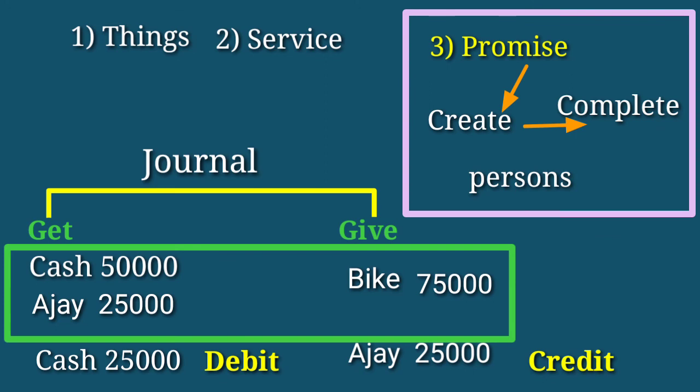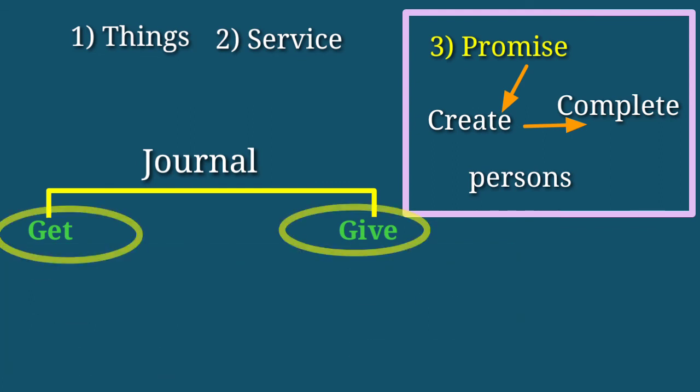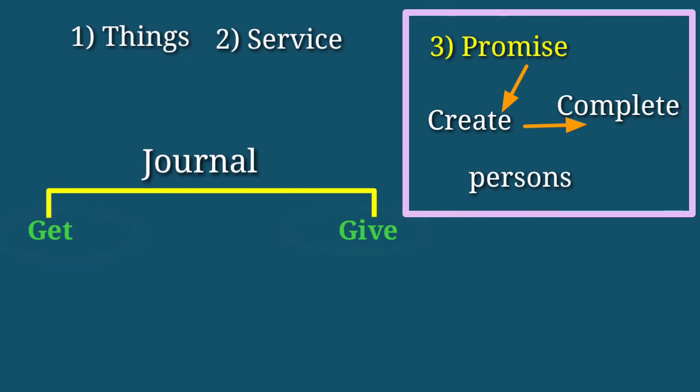That's all. So here there is no need of any rules or regulations. Just check whether you got anything or gave anything, or got any service or gave any service, or whether any delay is there.